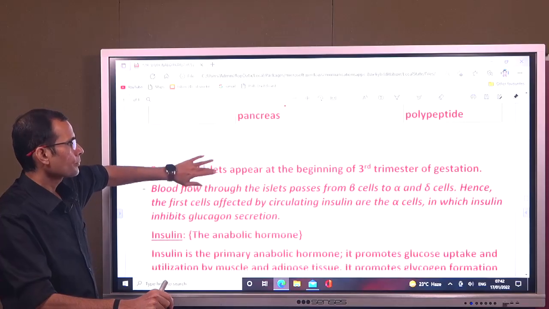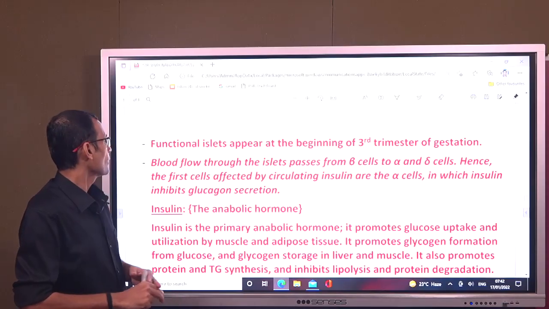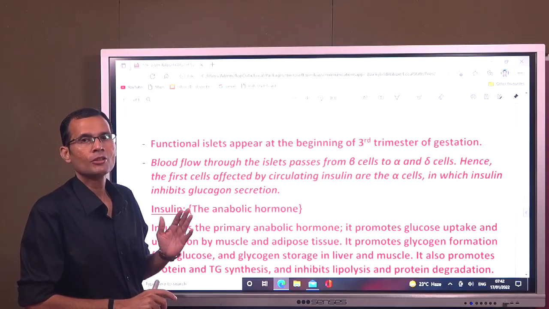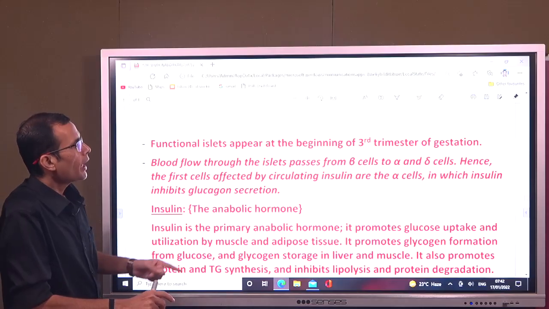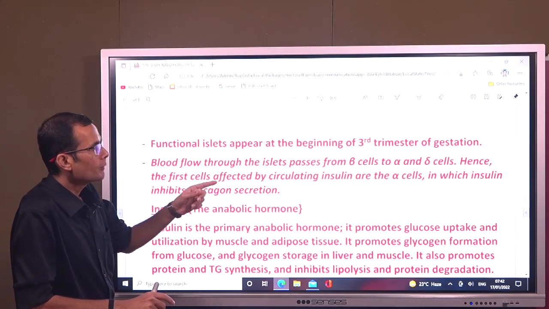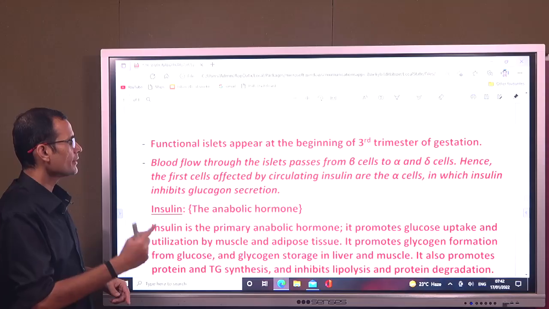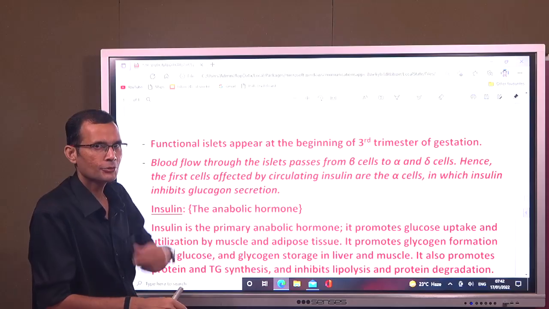All right. Now, developmentally, the functional islets appear at the beginning of the third trimester of pregnancy, and the blood flow through the islets passes from beta cells to alpha and delta cells. Hence, the first cells affected by circulating insulin are the alpha cells. Do you get this point?